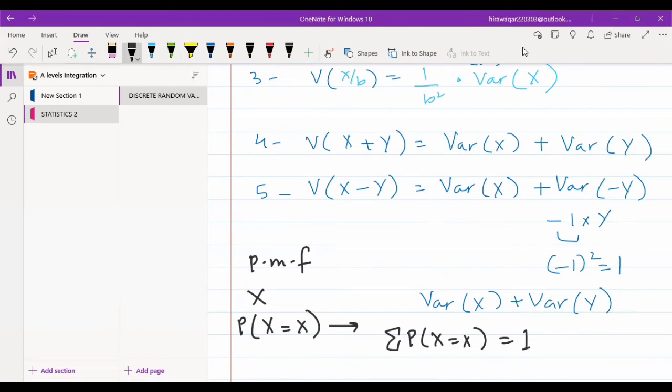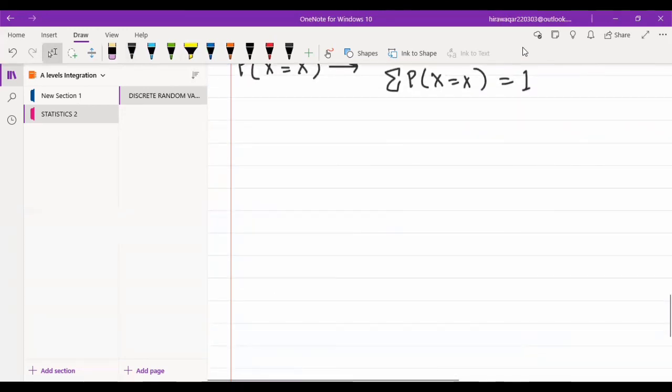Now before moving toward the calculations or the numericals of these properties, we are going to also see some more things which have been discussed, like the special case of random variable, or you can say that basically we are going to discuss the binomial distribution.